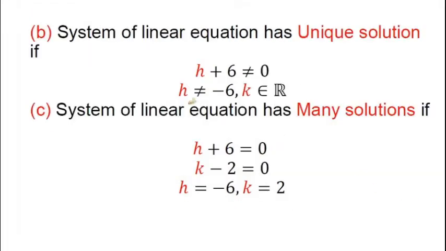Now in part B, the system of linear equations has a unique solution. If the system has a unique solution, then h plus 6 is non-zero, that is h is not equal to minus 6, and k can be any real number.